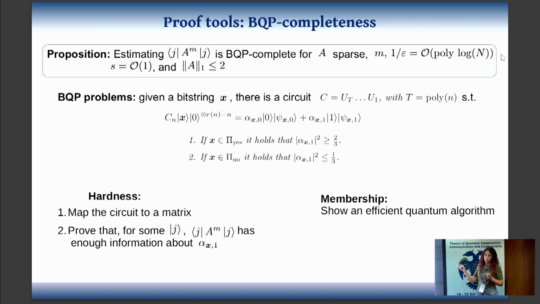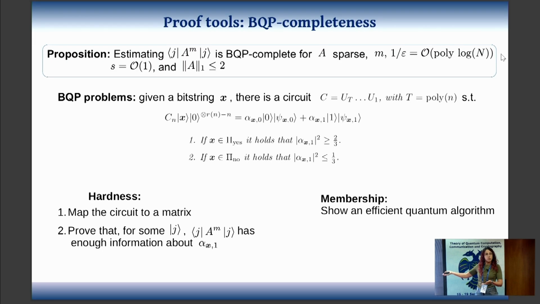If you apply your circuit to this bit string with some ancillas, and you measure the first qubit, you can say that x is in one set of bit strings, the yes set, if this amplitude squared, alpha, is above 2/3. If x is in the no set, then this alpha will be below 1/3. So we have to construct a matrix that encodes the circuit.